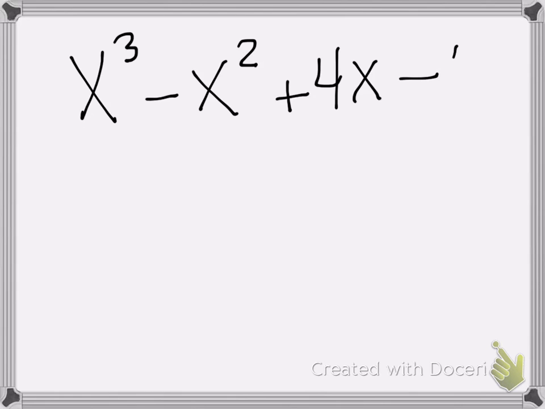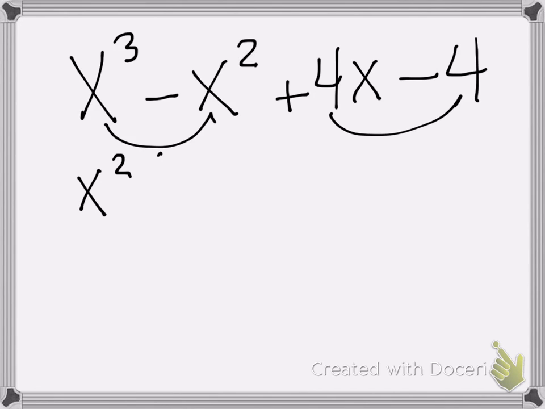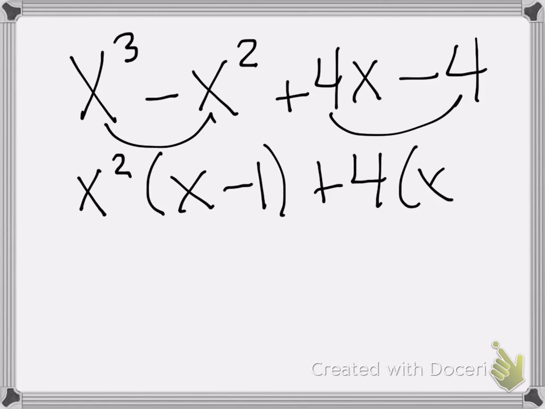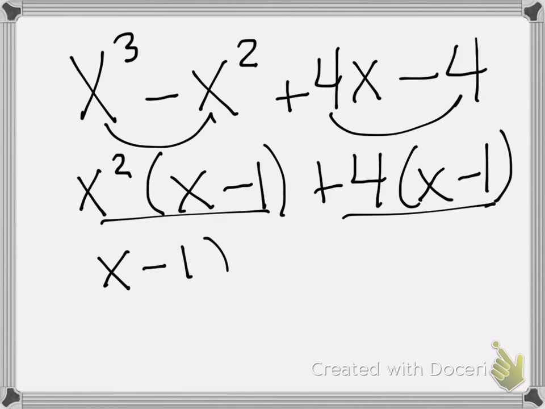Now then, you don't want to do synthetic division again because you can factor this, and when you can factor, it's always easiest. So x squared, GCF, and that's x minus 1. Take a 4 out, that's x minus 1. Okay, now then you've got a GCF of the x minus 1 in each of these terms. So we're just grouping, and x squared plus 4.